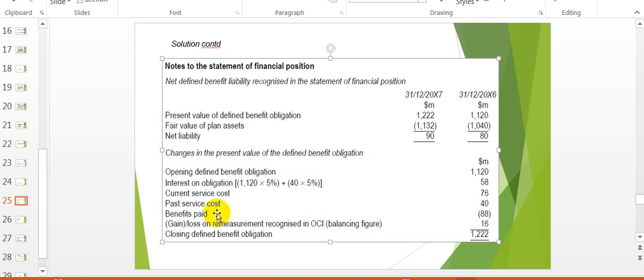It also reduces our investment in the planned asset. So you add 1,120 plus 58 plus 76 plus 40 minus 88. Your total, you subtract from the closing balance of 1,222 given earlier on. The difference is your remeasurement gain or loss, which will always be a balancing figure, or most of the questions you will have to find it as a balancing figure if you have not been given.